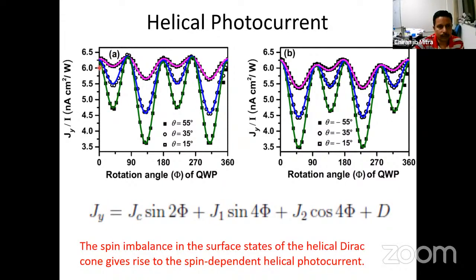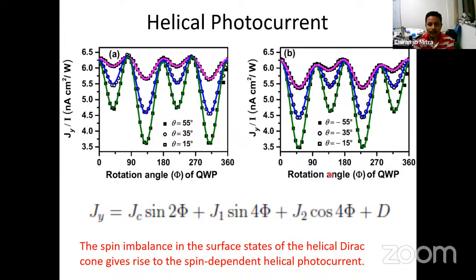So this is the helical photocurrent. Let's take the example of theta equal to 55. We can see that the right circularly polarized light is less than the left circularly polarized light, and here it is just the opposite: the left circularly polarized light is less than the right circularly polarized light.